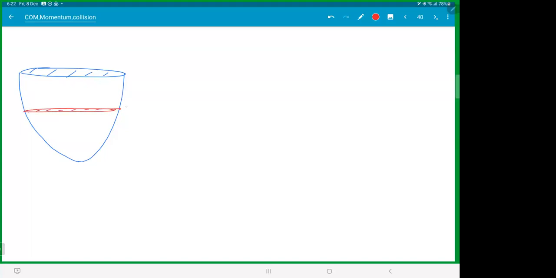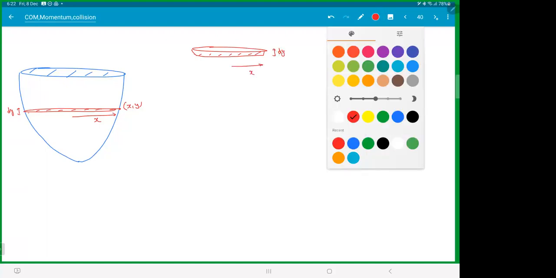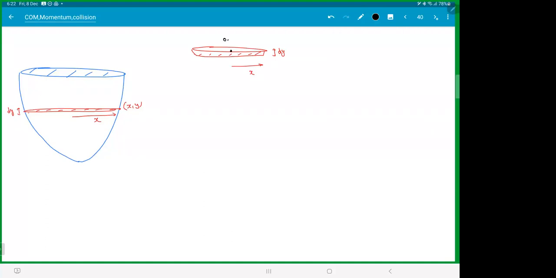So let this point be x comma y. Let the thickness be dy, and let this radius be x. So what you actually got is a thin disk, whose thickness is dy and whose axis is this. It has a center of mass at 0, y.